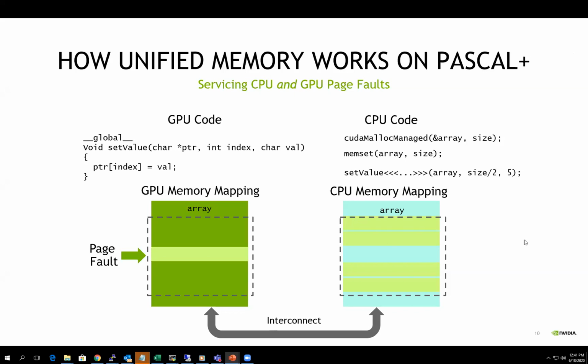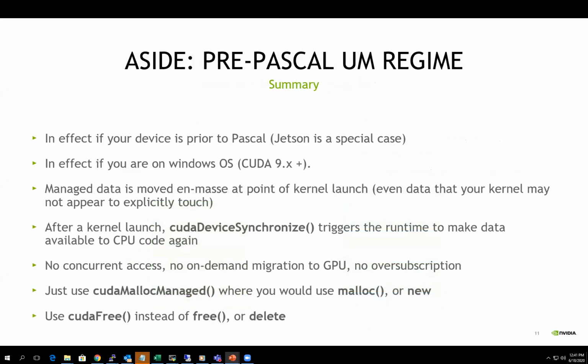Okay, so let me continue. I think I've gotten to the end of the chat. Let me continue now. So I mentioned that I would come back and have one more slide to talk about what I referred to as the pre-Pascal regime. The pre-Pascal regime would be in effect if you're using an older version of CUDA, like something before CUDA 8. It would be in effect if you are using a processor prior to the Pascal family, like Kepler or Maxwell.